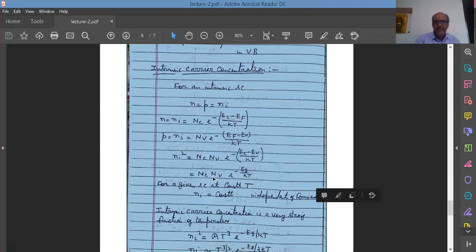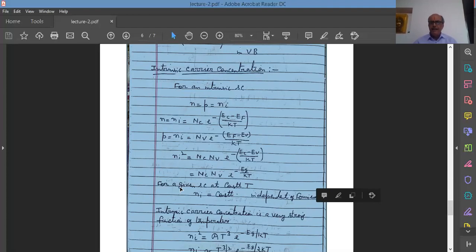If you recall Nc and Nb also, then there is a factor of T to the power of 3 by 2 here and T to the power 3 by 2 here. So we can write this formula as Ni square to be equal to A T cube. I have clubbed all those constants together. So it is A T cube e to the power minus Eg upon Kt. So if the temperature is constant, then the intrinsic carrier concentration is constant in a semiconductor.